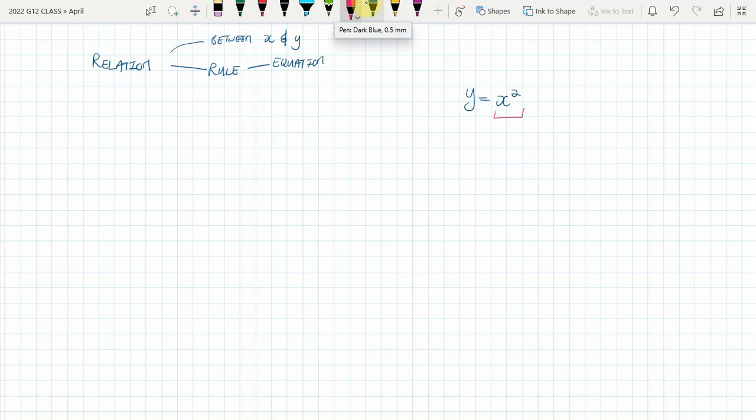Now some relations are not functions, like the circle that you are going to work with this year on the Cartesian plane.